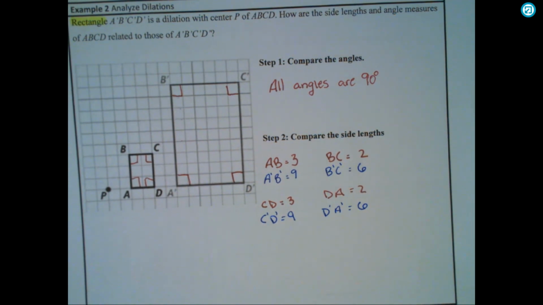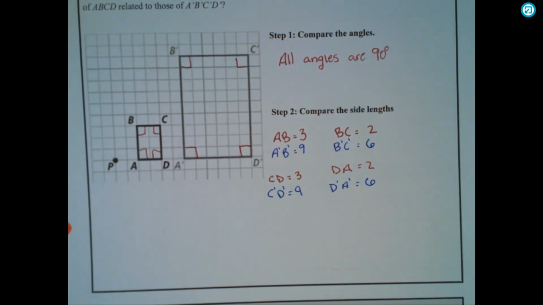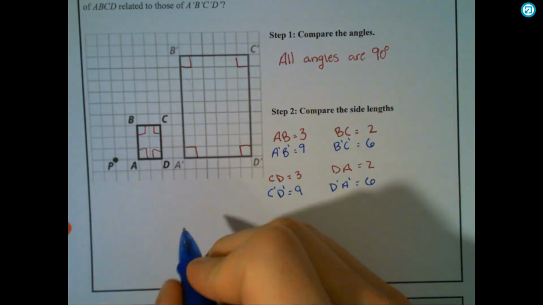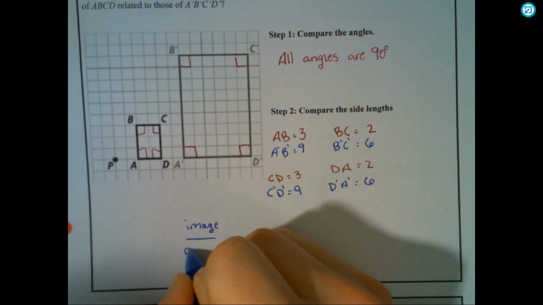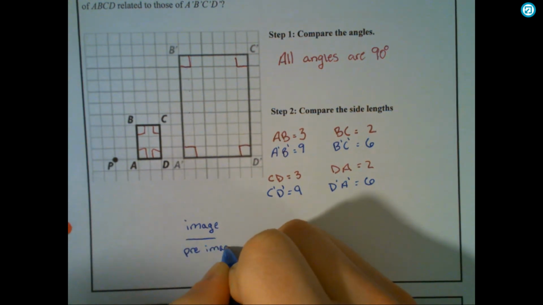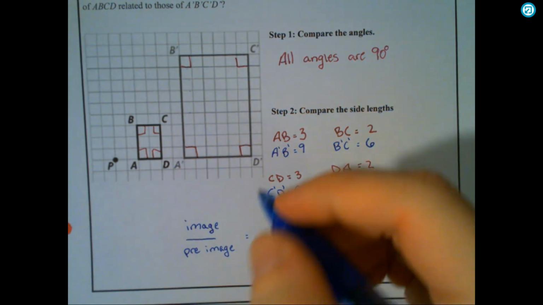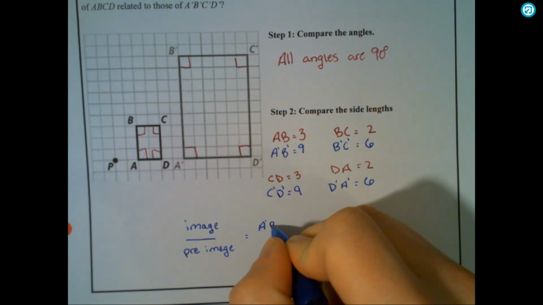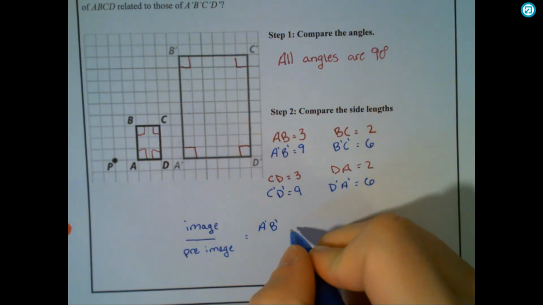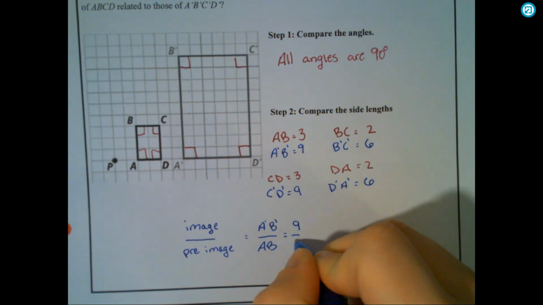So we had our pre-image in the purple, and then our new image is in the blue. To compare these side lengths, what we're going to want to do is find the ratio, and we're always going to go from the image to the pre-image. So in this case, we have A prime, B prime to AB equals 9 over 3.